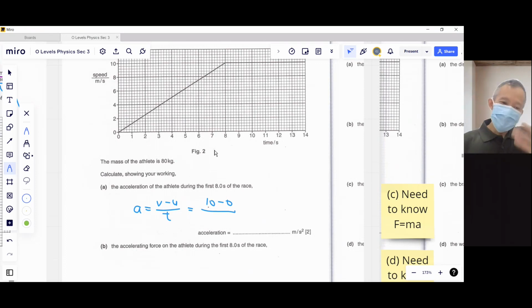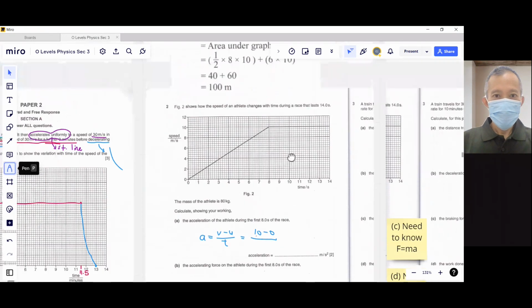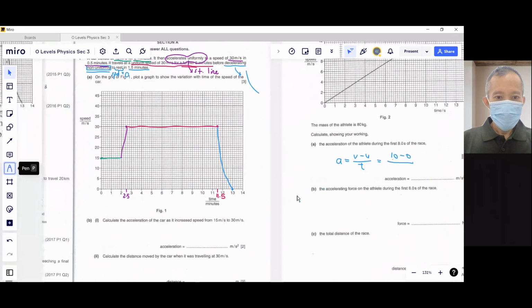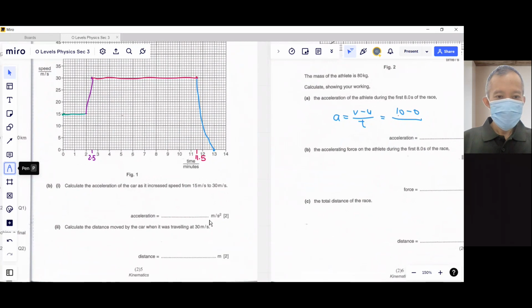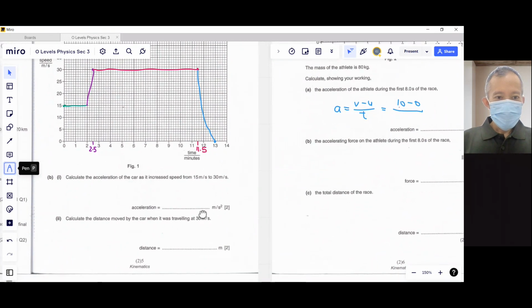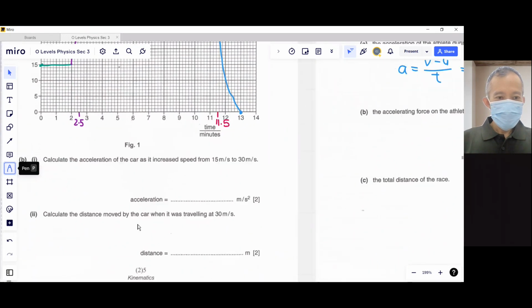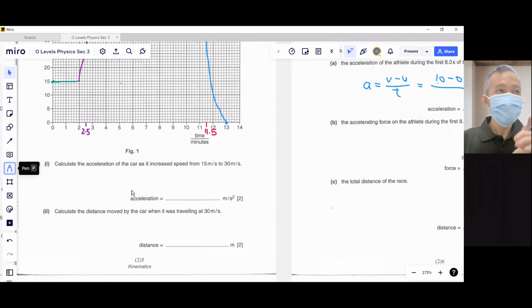Oh, you're still doing question 1. Okay, then you carry on first. Question 1 is about distance. So make sure you use your area. I hope you remember that.